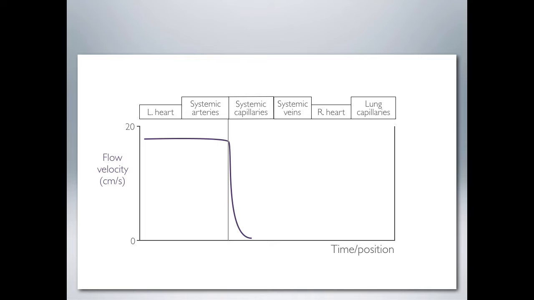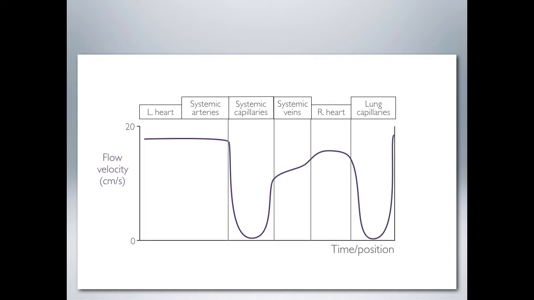First, the systemic capillaries, and then as the blood is collected up into the larger vessels, the veins, eventually the vena cava, and enters into the right heart, we can see that it accelerates. It moves faster in those regions, but then as we have branching again, there is a drop in velocity.